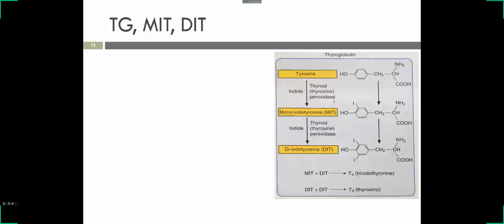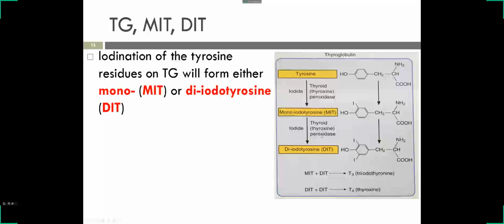Then you can get a second addition by the same enzyme to form diiodotyrosine, or DIT. So this enzyme will make either MIT or DIT, monoiodotyrosine or diiodotyrosine.